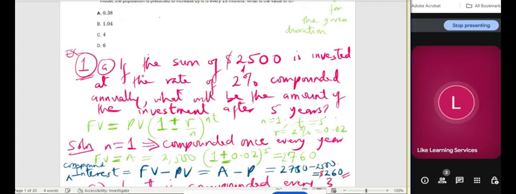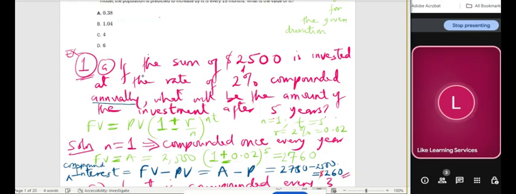One. So x is simply 1. I would like to use x so it doesn't confuse the formula we're going to use later. So x is 1 because it is annually.